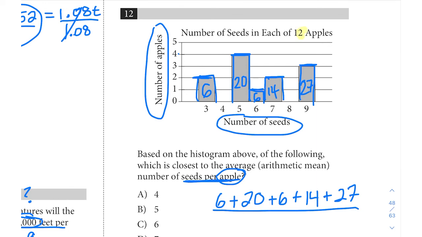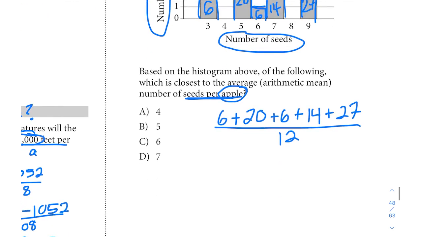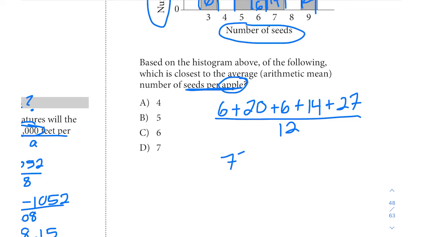They tell us right up at the top that you're talking about 12 total apples, so we can divide this entire thing by 12. And again, this is the calculator section, so I don't recommend trying to do this with mental math. You can, but we don't have to. So we can use a calculator for this and add that all up together. So that comes out to 73 divided by 12, which would be 6 1/12.